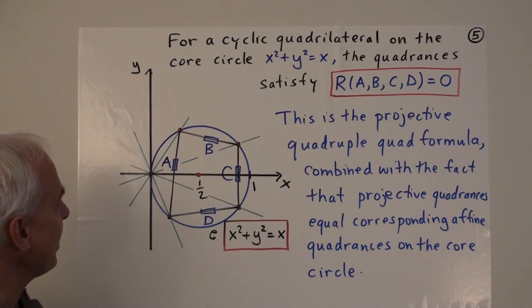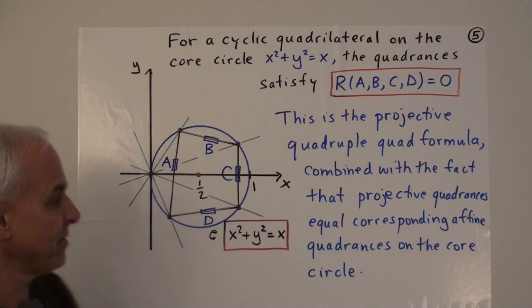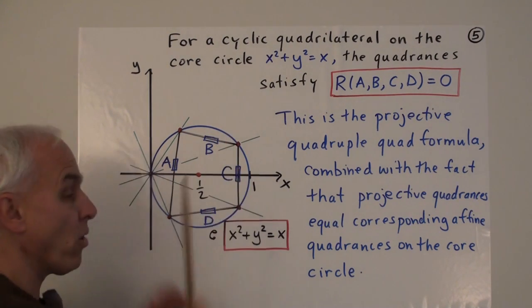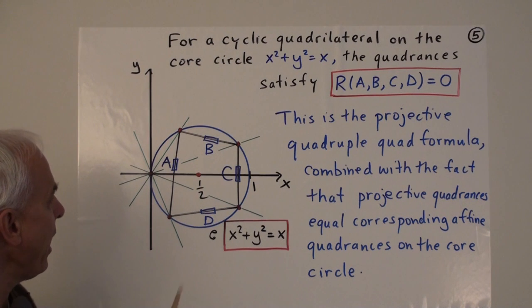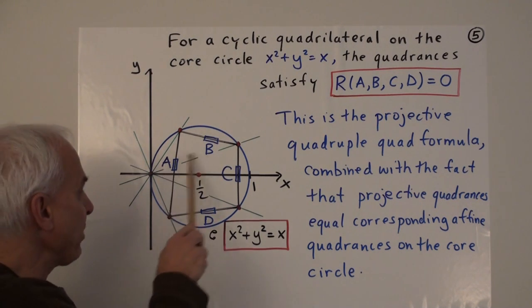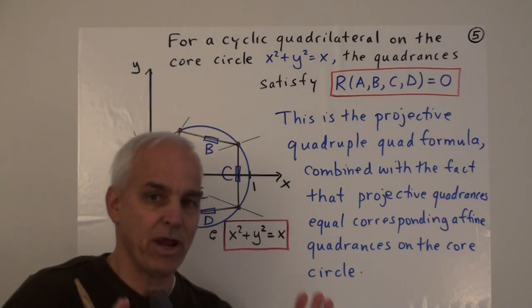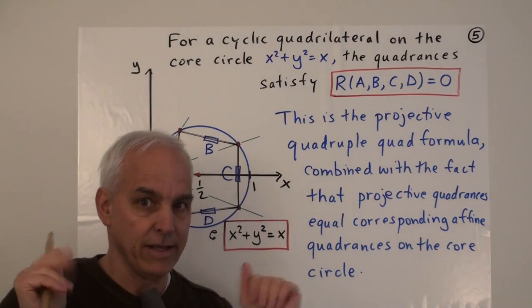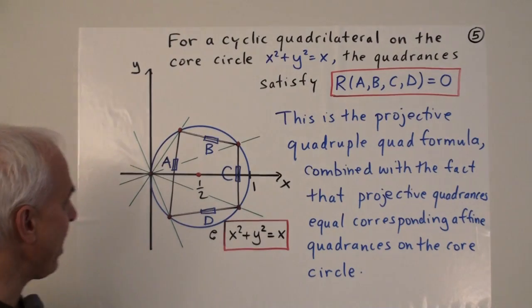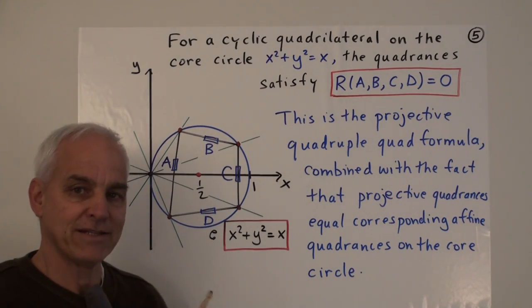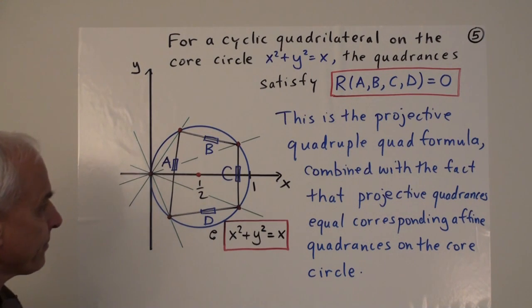Okay, so I remind you that here is our core circle with the equation x squared plus y squared equals x. Here we have a cyclic quadrilateral on that core circle. And here are the quadrances now, capital A, capital B, capital C, capital D. These are the purely algebraic equivalents of the lengths. They are just given by the sums of the differences squared of the x and y coordinates.